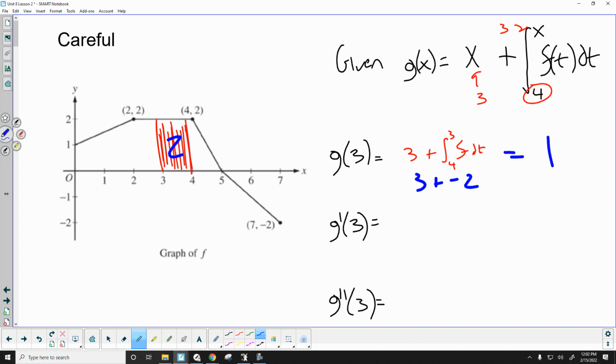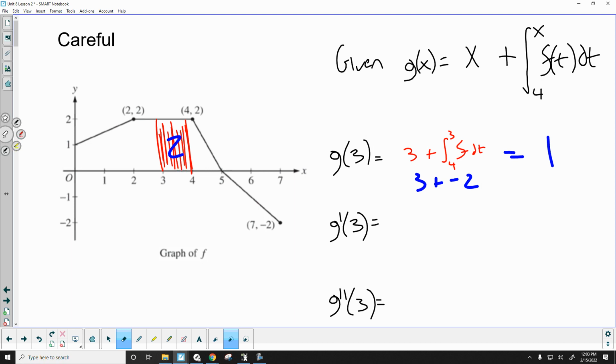Now, G prime. Look at this right side and take its derivative. What's the derivative of that? No. 1 is the derivative of x.